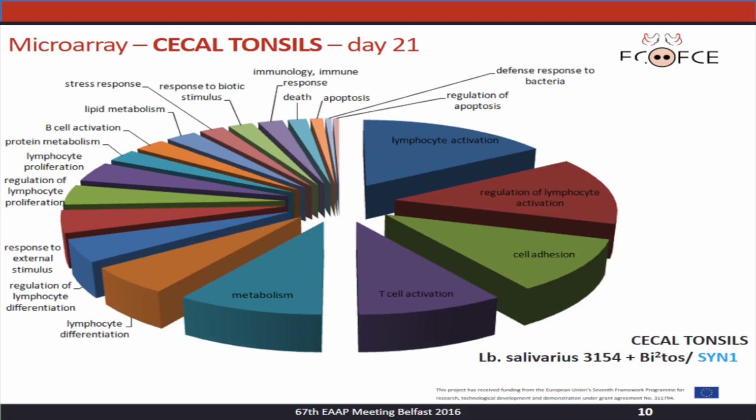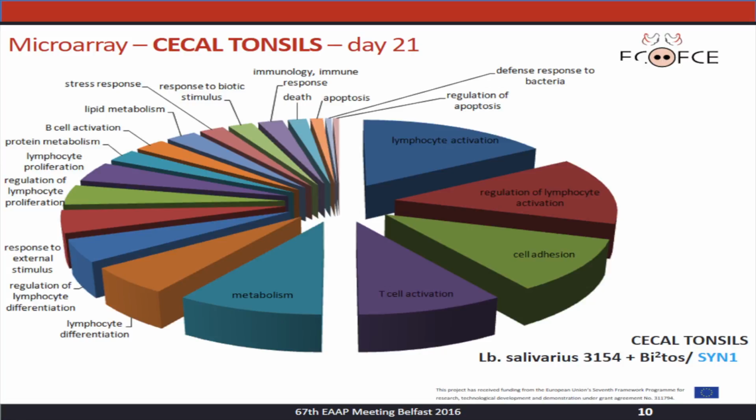So it's T cell activation, B cell activation, lymphocyte proliferation, regulation of lymphocyte differentiation. So the majority of the pathways which were triggered upon symbiotic 1 injection, in cecal tonsils of course, are related to the immune response.